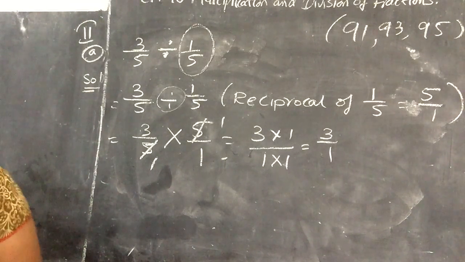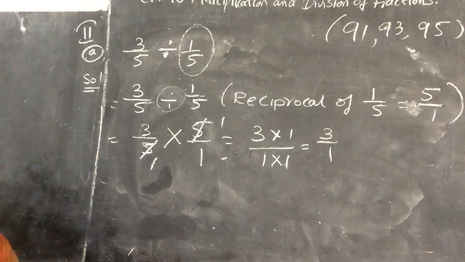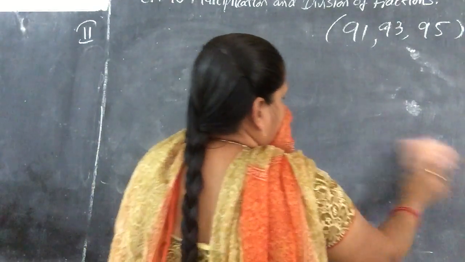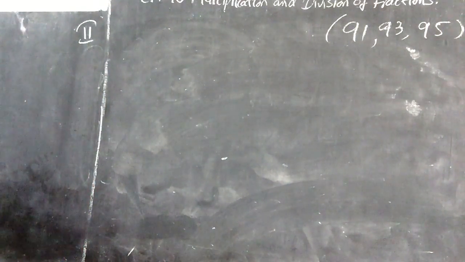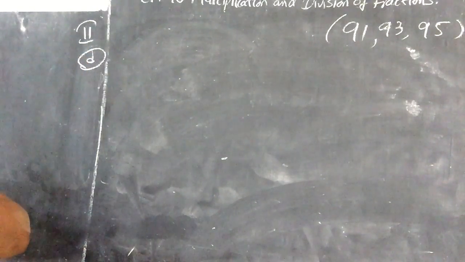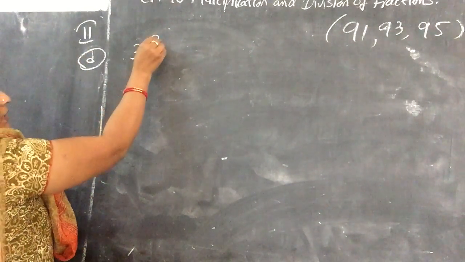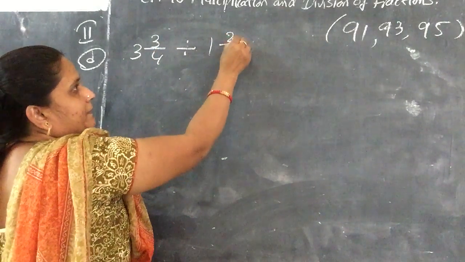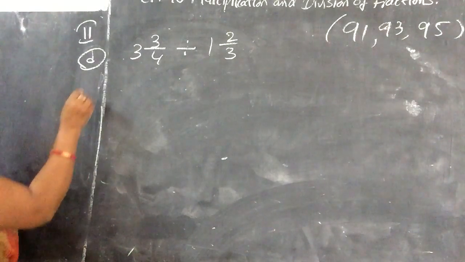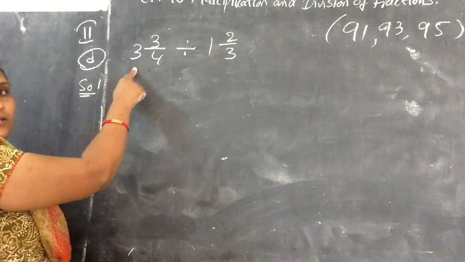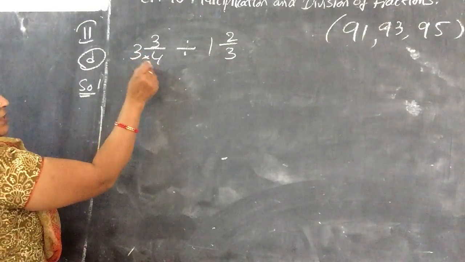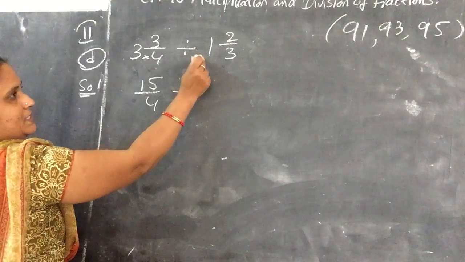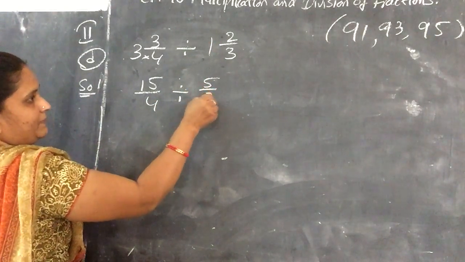Next, second sum, D1: 3 by 4 divided by 1 2 by 3. Now the solution. First convert this mixed fraction into improper fraction. 3 4s are 12, 12 plus 3 is equal to 15 by 4 divided by 1 3 is 3 plus 2 is equal to 5 by 3.